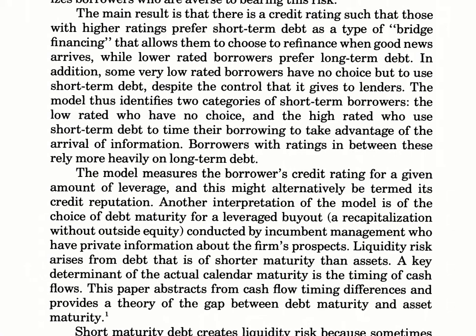The model thus identifies two categories of short-term borrowers: the low-rated who have no choice and the high-rated who use short-term debt to time their borrowing to take advantage of the arrival of information. Borrowers with ratings in between rely more heavily on long-term debt.